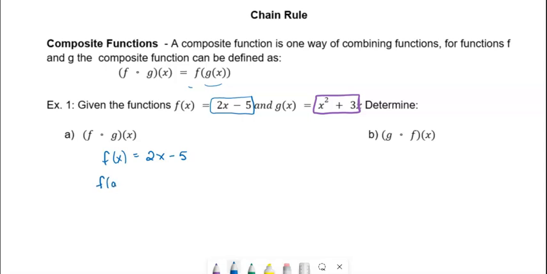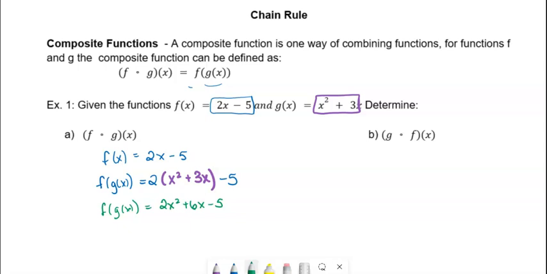Then I'm going to put g of x into the x spot, just like I would substitute it in if it was anything else at all. After I've done that, I can simplify, so that I have 2x squared plus 6x minus 5.